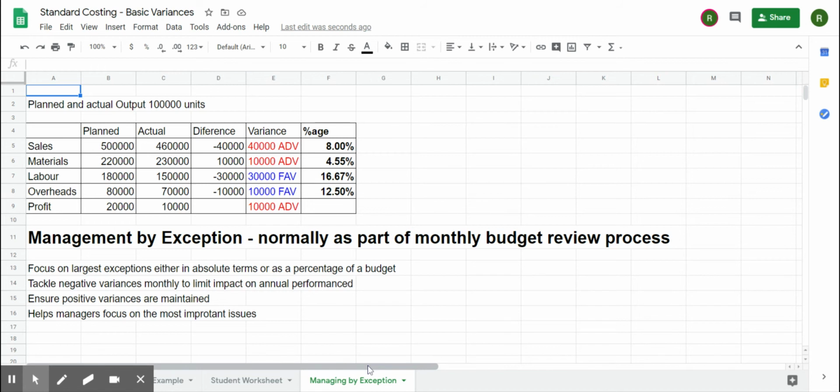Okay, management by exception. I've added an extra column in here because it's quite common in the real world to see percentages also looked at as a percentage. And what they may do is put a negative number in for the two adverse variances. And the way that a business uses this is, first of all, it's normally done on a monthly basis.